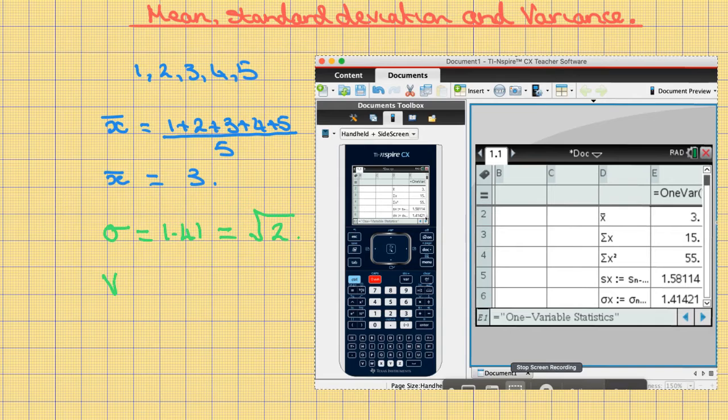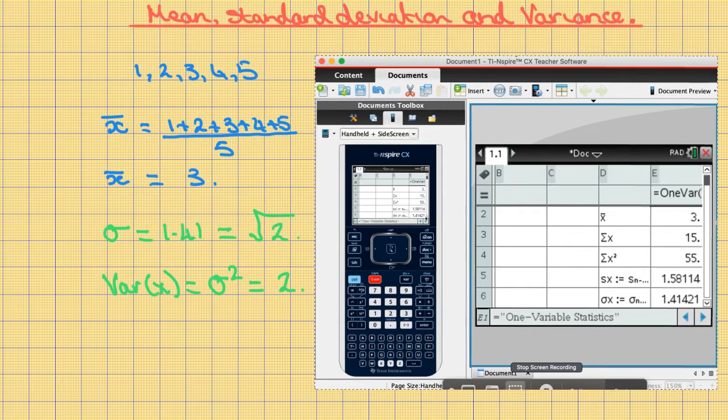Our variance of x is equal to the standard deviation squared, which is equal to root 2 times root 2, which is 2.